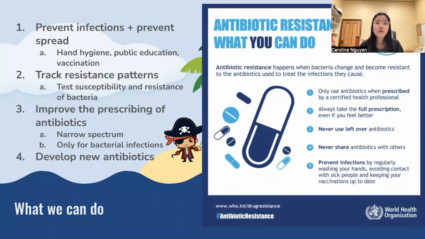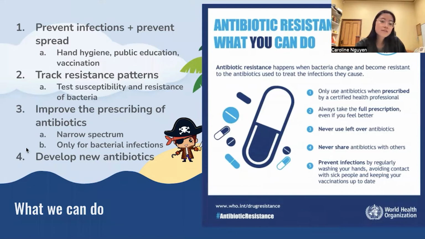So that means if you know what the causative agent is, you prescribe the antibiotic that is targeting that causative agent rather than prescribing something with a wide spectrum, and only prescribing them for bacterial infections. You can also have scientists and researchers track resistance patterns, meaning that they continually test and track which bacteria are becoming resistant to antibiotics.